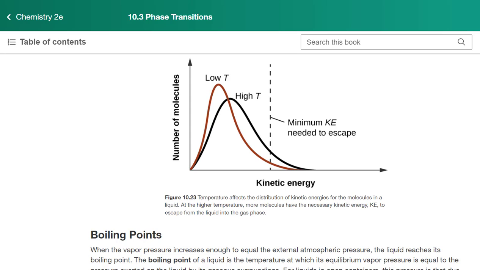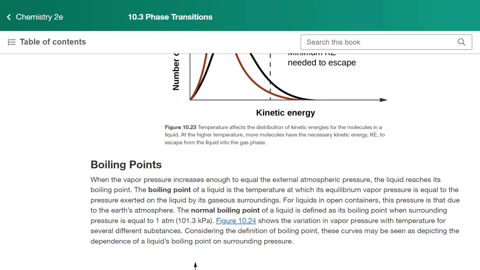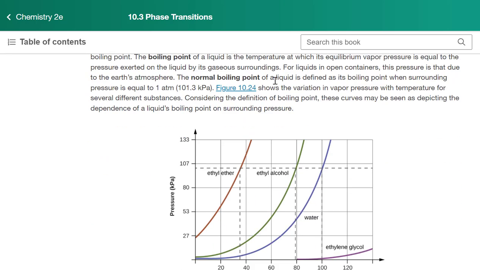So what ends up happening at the boiling point is all of the gas molecules are trying to escape at the same time. And you end up forming these large bubbles of gas that escape from the liquid. The normal boiling point is when that pressure happens to be exactly 1 atmosphere.